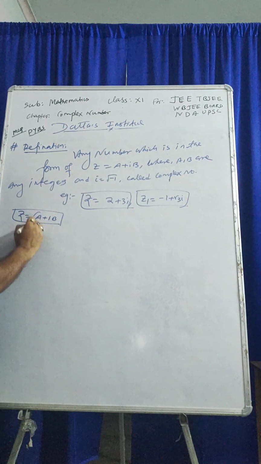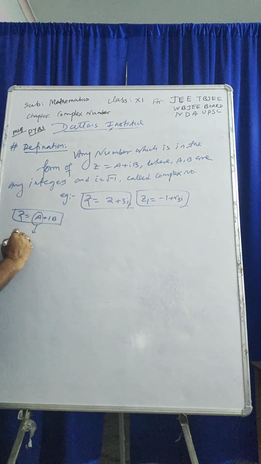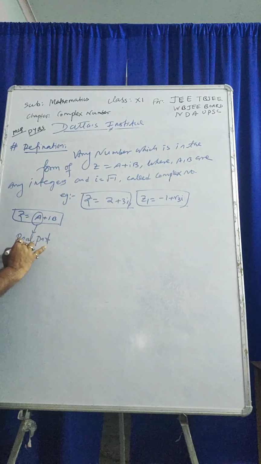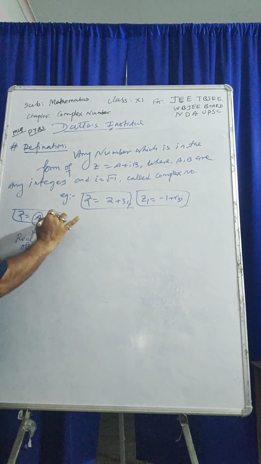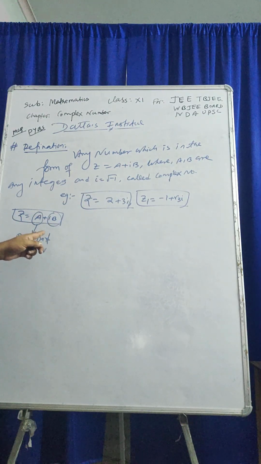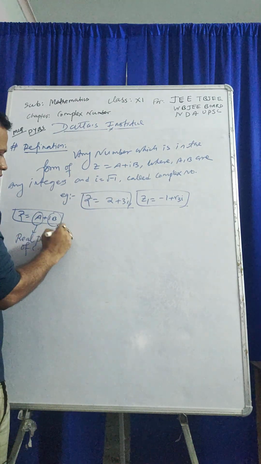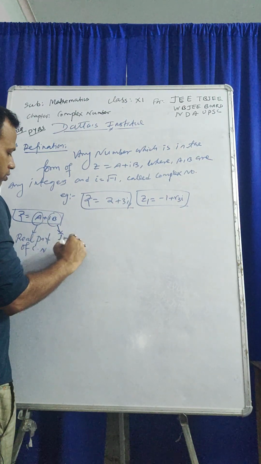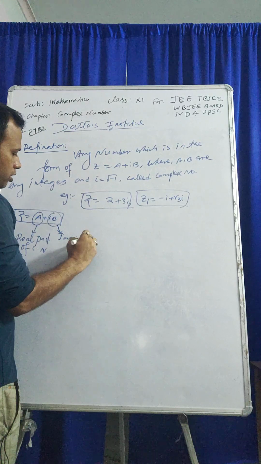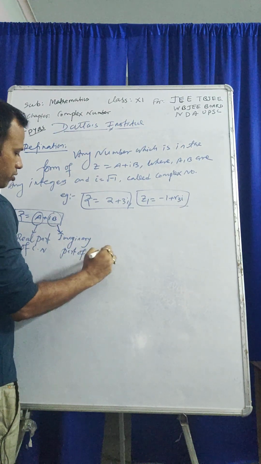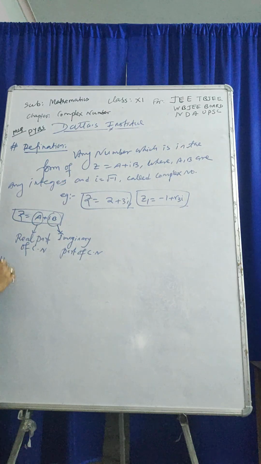In this, a is known as the real part of the complex number, and this part which has i multiplied is known as the imaginary part of the complex number.